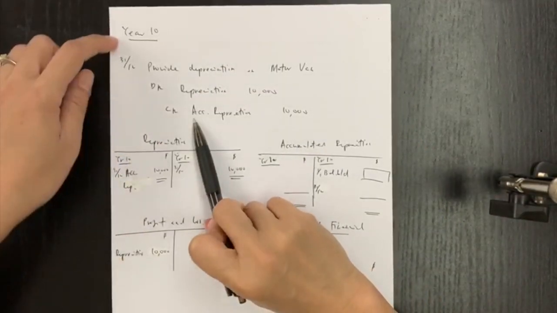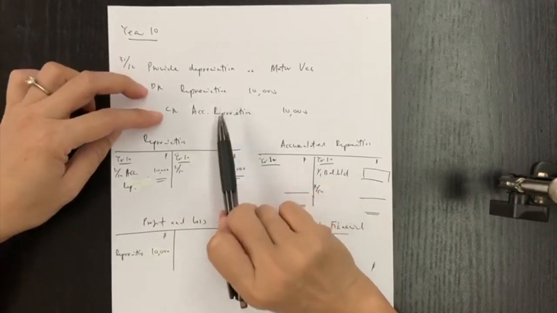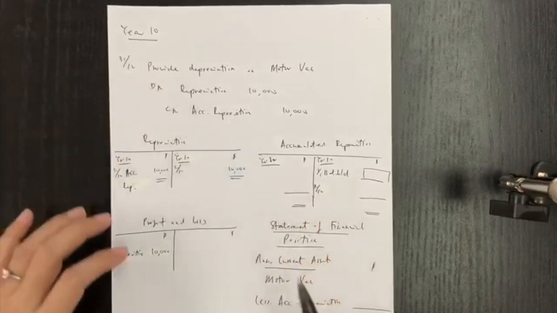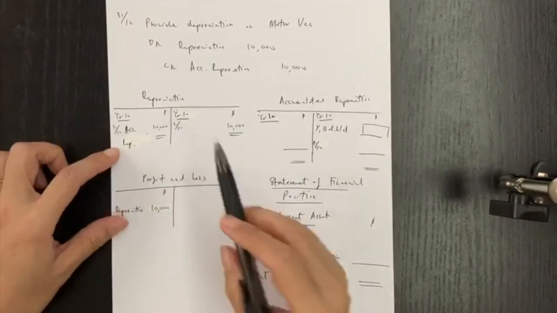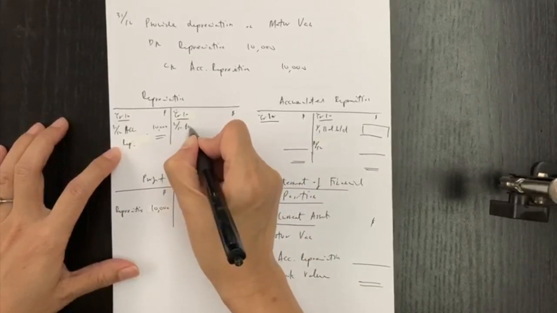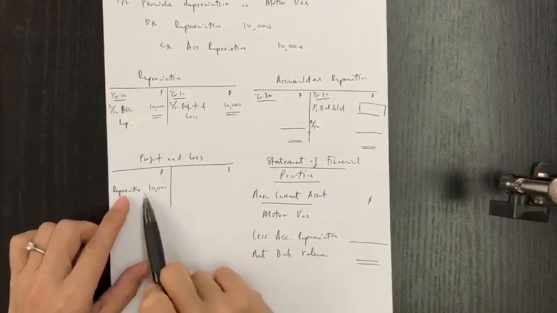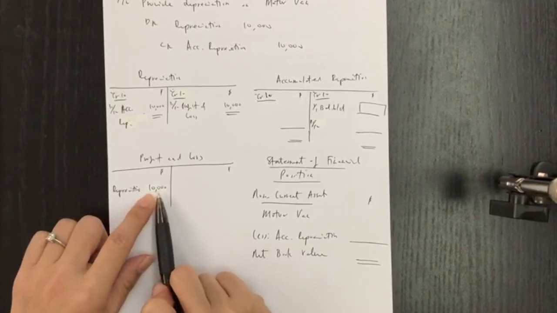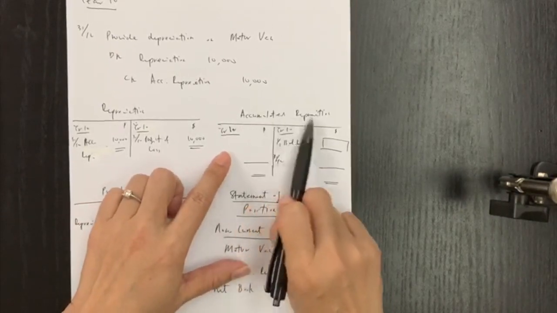Okay, so finally in year 10, at the end of year 10, we also do the same thing to provide depreciation. So here is all the posting, and the depreciation account is a nominal account, so we close it to profit and loss here. Okay, so again, I have this depreciation of 10,000 as one of the expenses in the income statement. And now we come to accumulated depreciation.